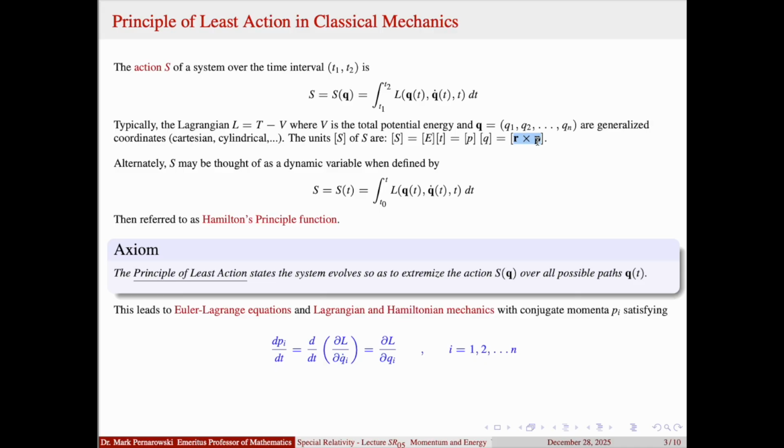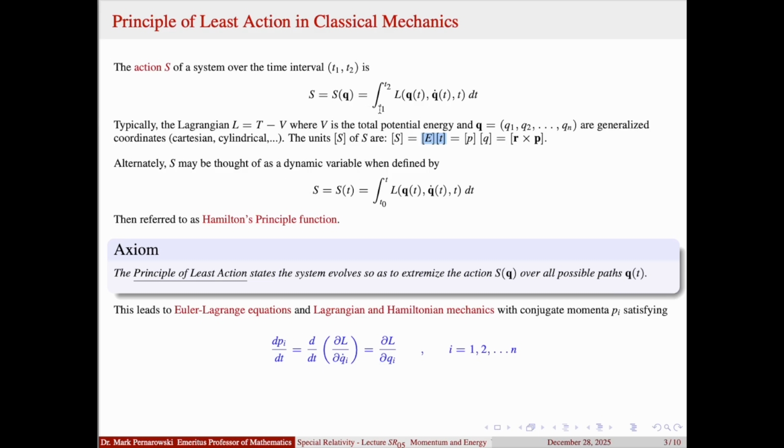That's known as angular momentum of a particle, for example. So on the one hand, S action has units of energy times time. On the other hand, it has units of angular momentum. We won't dwell on that. We're going to stick with this first one. It's energy times time.